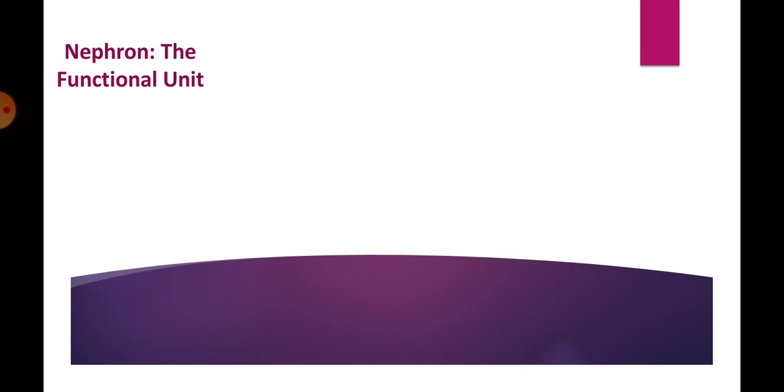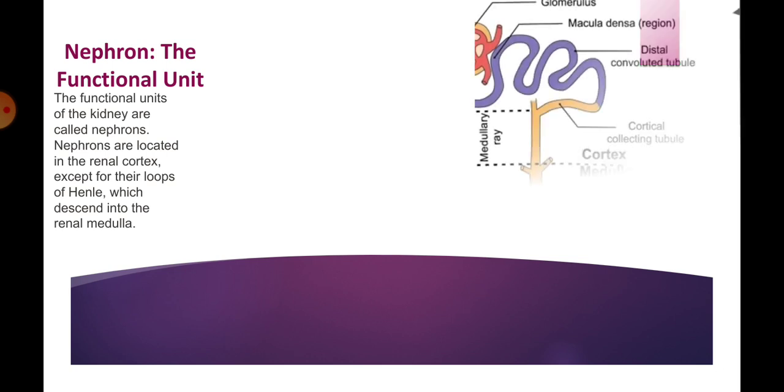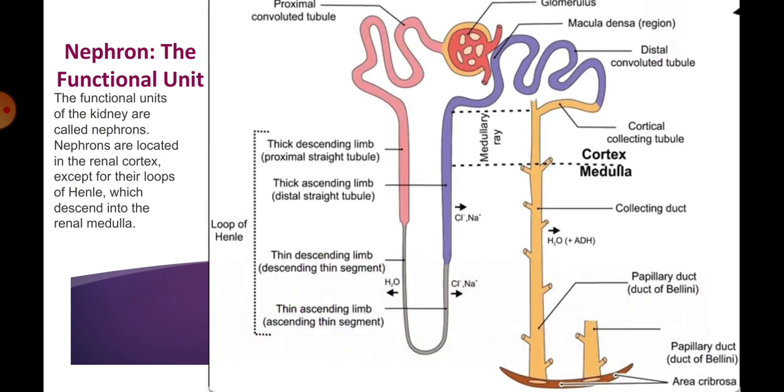But the most important functional unit of the kidney is the nephron. Why is the nephron the functional unit? Because the function of the kidney, that is filtration, is done inside the nephron. So nephrons are located in the cortex and in the medulla of the kidney.